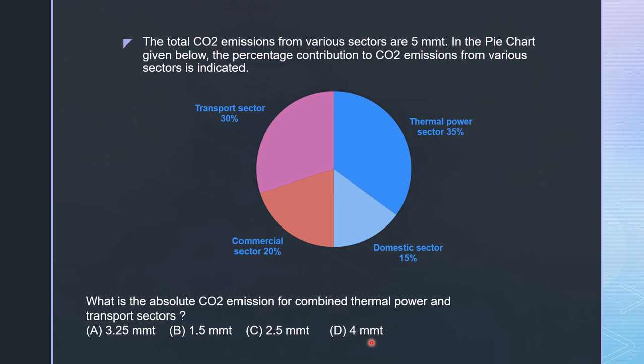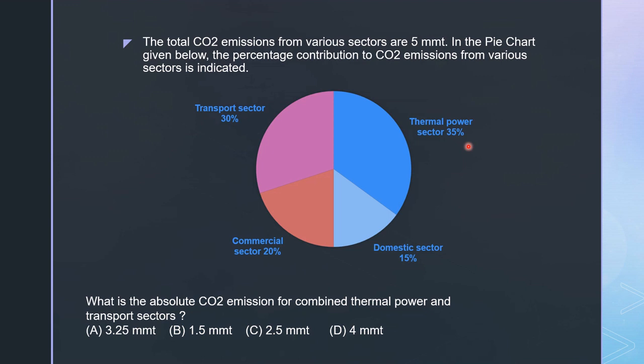So how do we calculate the absolute CO2 emission for the combined thermal power and transport sector? From the thermal power sector, 35% CO2 will be emitted, and from the transport sector 30% CO2 will be emitted. And we know the total CO2 emissions from various sectors are 5 MMT. So from the transport sector 5 into 30% plus from the thermal power sector 5 into 35%.